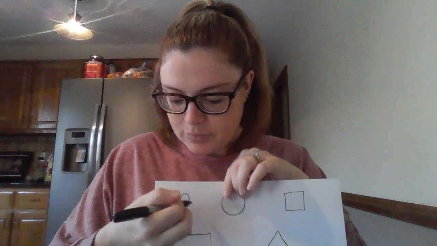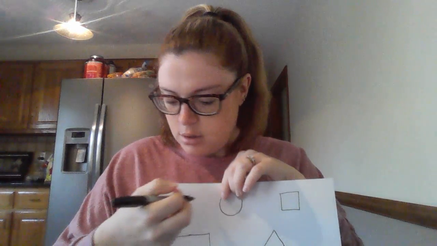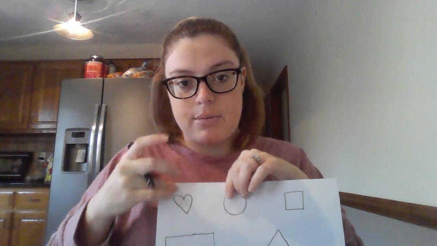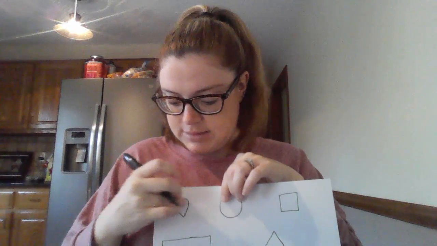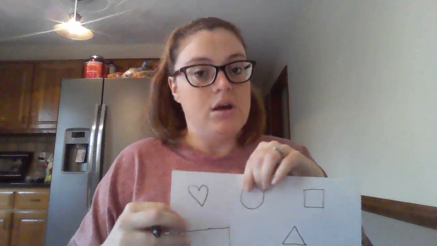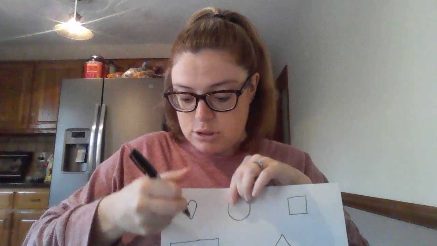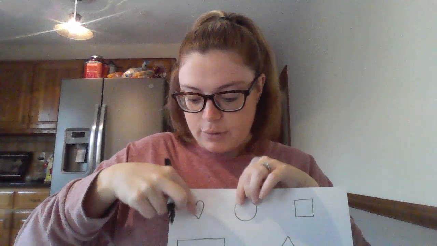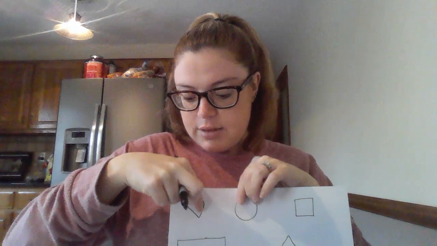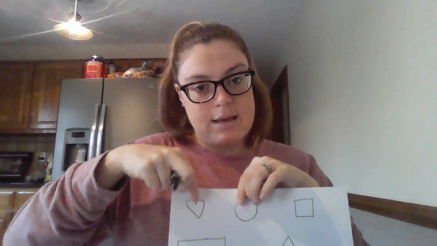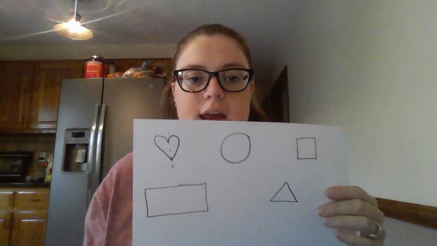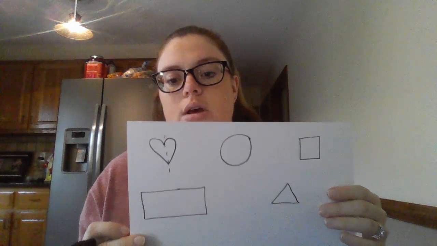If I cut it this way, they would not be the same top and bottom if I folded it, because this doesn't look the same as this. So I'm going to draw my line of symmetry this way, because if I folded the heart in half this way, this top part, they would be the same. It would fold exactly perfectly the same. So there, I drew my line of symmetry of how it should go.